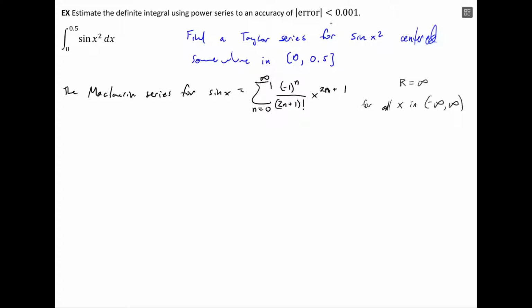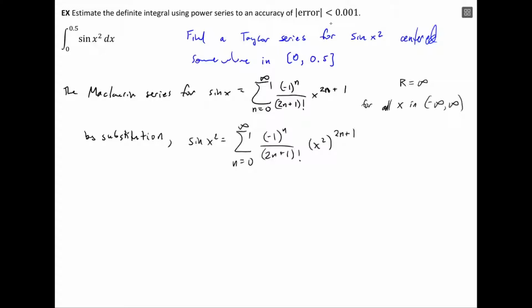Okay? So by substitution, I'm just going to take this x squared and substitute it into my formula here. So we get a Maclaurin series for sine of x squared: sum from n equals 0 to infinity of -1 to the n over (2n plus 1) factorial, and now we've got x squared in turn raised to the power 2n plus 1.